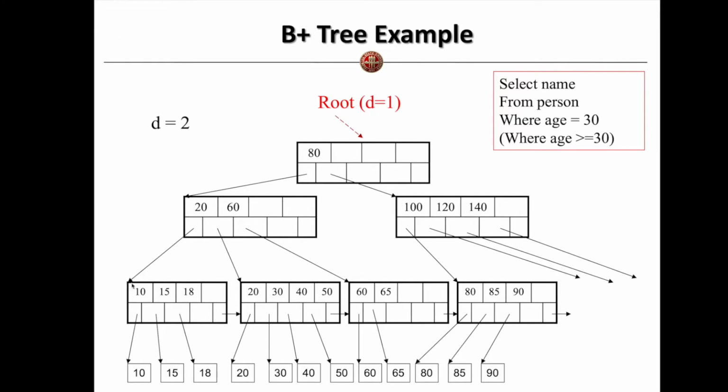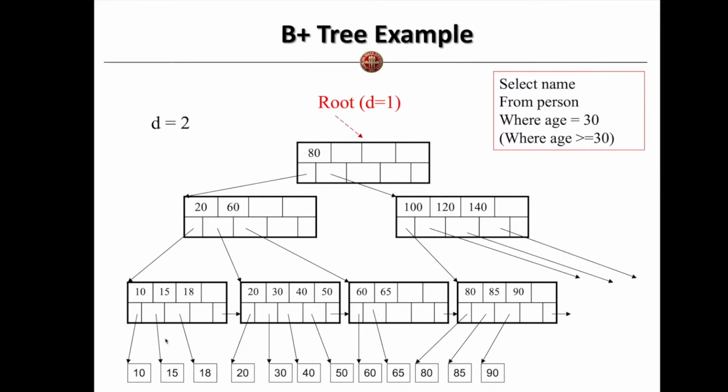And the nodes at this level are all different nodes, and inside them we also have keys. Now in this one, we have 3 keys, 10, 15, 18, and we also have pointers. The left pointer points to a tuple whose key value equals 10.